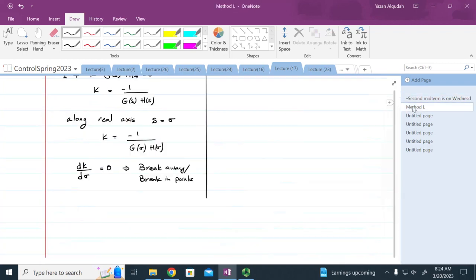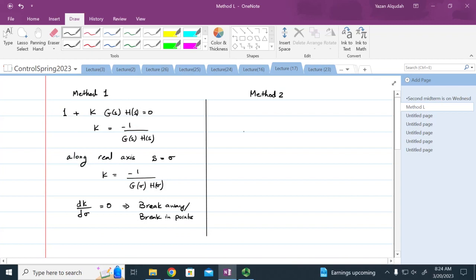And the second method, we can solve for the following: the summation from i equals 1 to m of 1 over sigma plus zi equals the summation from i equals 1 to n of 1 over sigma plus pi, where both of these are the negatives of the poles and zeros.